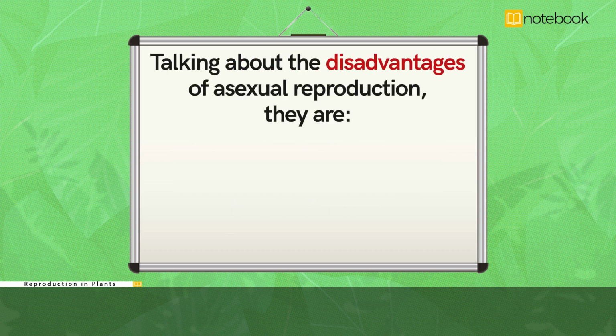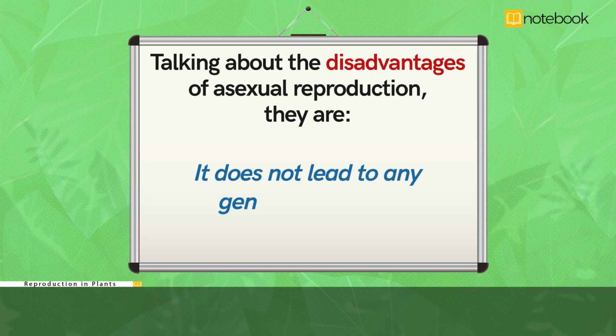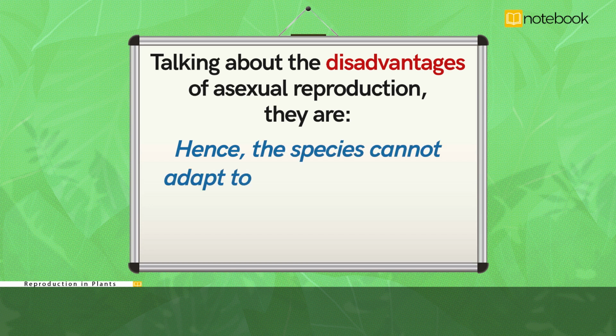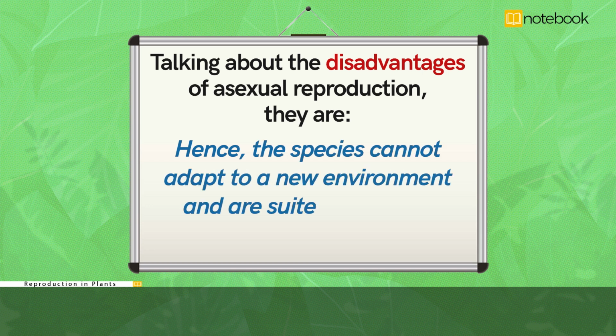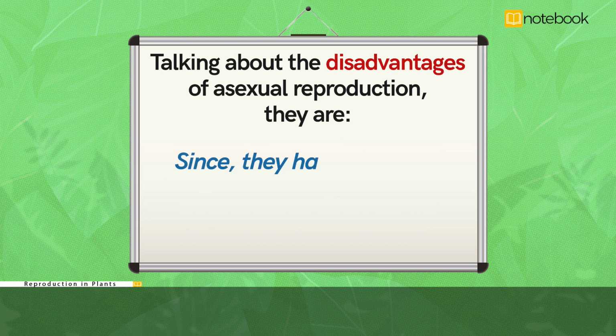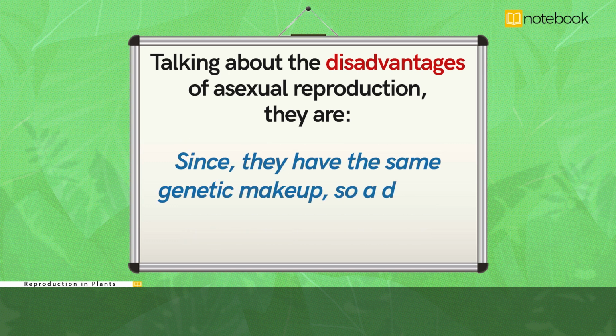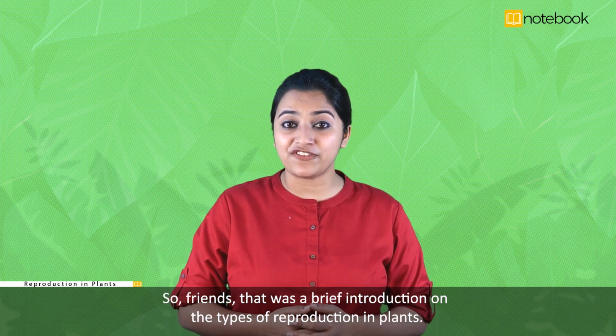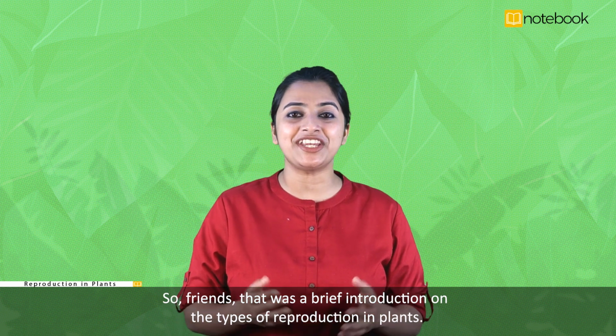Talking about the disadvantages of asexual reproduction, they are: it does not lead to any genetic variation. Hence, the species cannot adapt to a new environment and are suited to survive only in one environment. Since they have the same genetic makeup, a disease can affect the entire population.